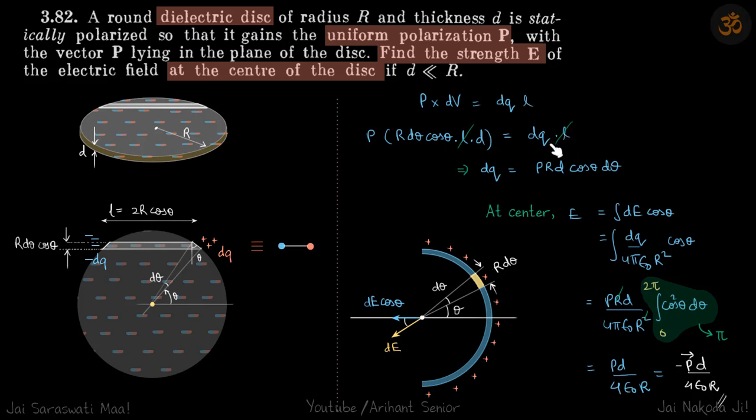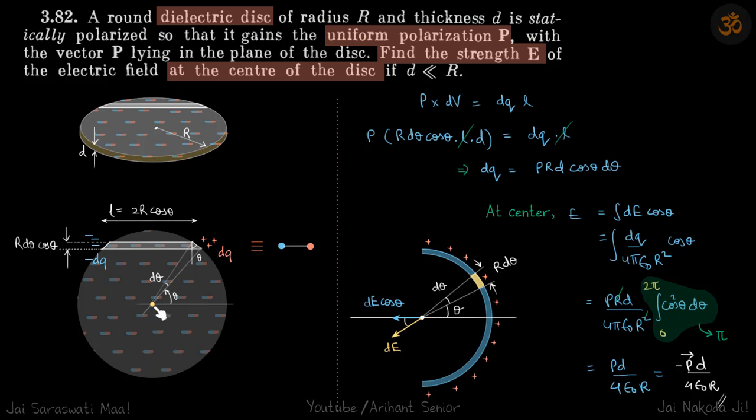But let's not write 2r cos theta right now, because anyway you'll see. So P into dV. So dV is L into r d theta cos theta into d, is equal to dq into L. So you see L gets cancelled, that's why we did not write 2r cos theta. So this gives dq is equal to P r d cos theta d theta. So we have got dq in terms of theta.